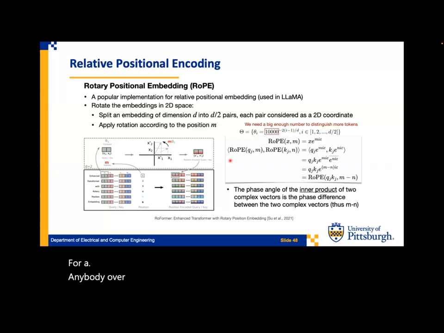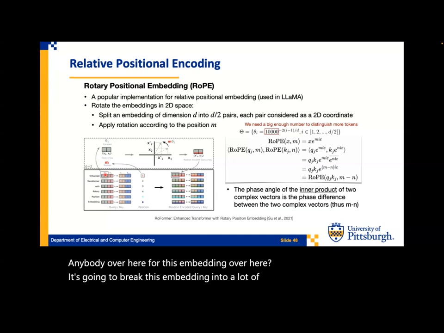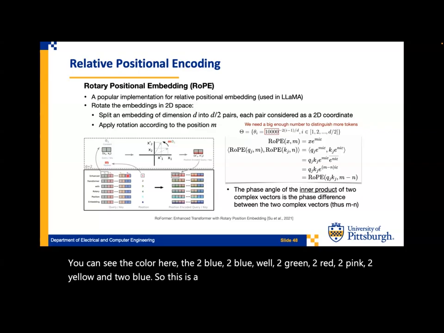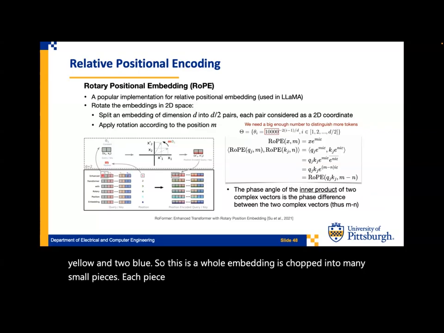For this embedding, it breaks the embedding into many different pairs. You can see the colors here: two green, two red, two pink, two yellow, and two blue. So the whole embedding is chopped into many small pieces, and each piece has two elements, okay?